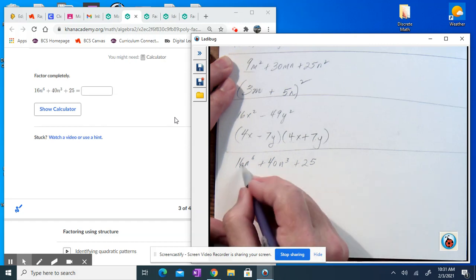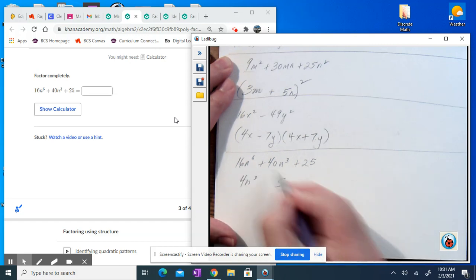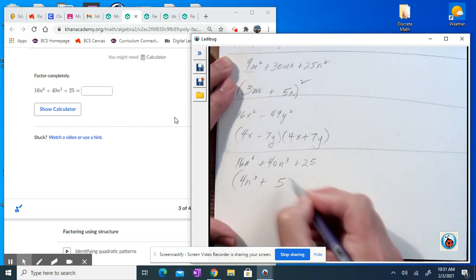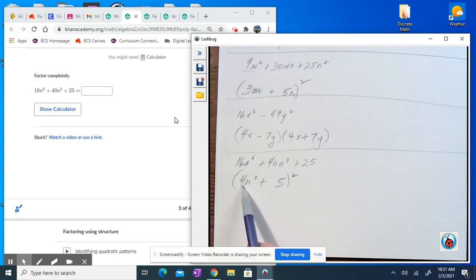So the square root of that is 4n to the third. The square root of that is 5. They're all plus, so plus squared. So let's see if that works in the middle. 4n to the third times 5 is 20n to the third. Double it to get 40n to the third, so that it works out. All right, I won't bother putting it in here. It's right.